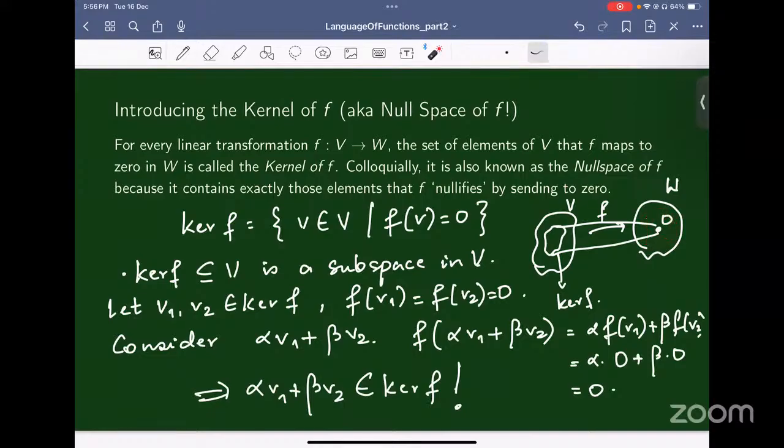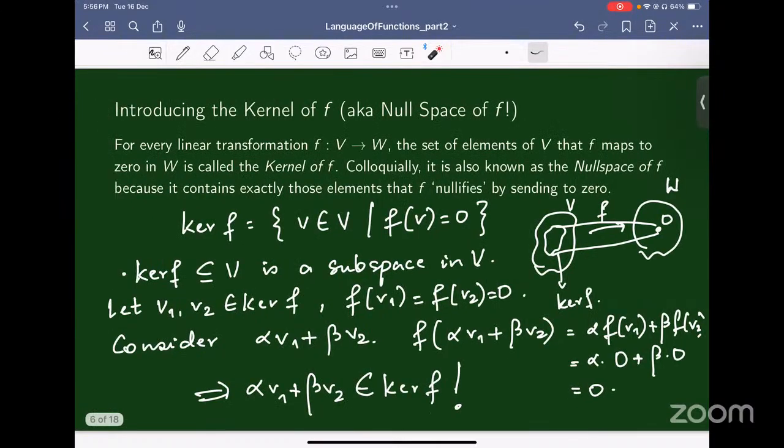Let's look at some very simple examples. But before that, let's look at an important property that makes kernels very useful. The kernel of a function is singleton zero if and only if f is an injective function.